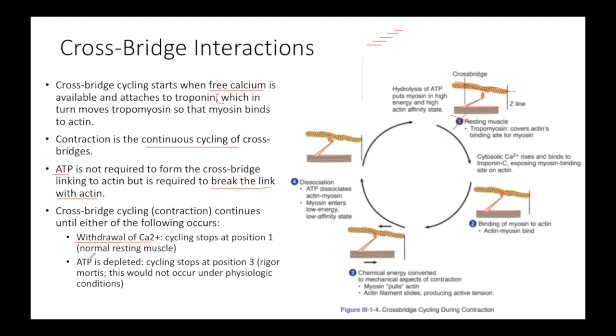Or if we run out of ATP, at which point we are stuck with our myosin bound to actin and it can't let go. And we see this in rigor mortis and wouldn't normally occur under physiological conditions in alive people, so keep that in mind there.